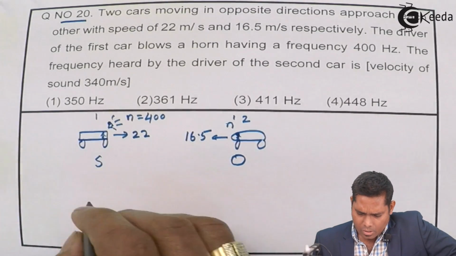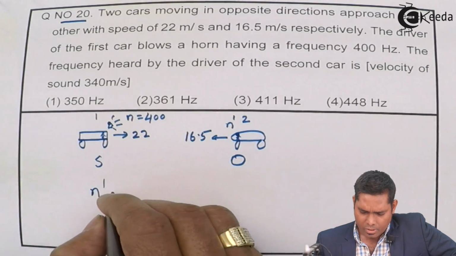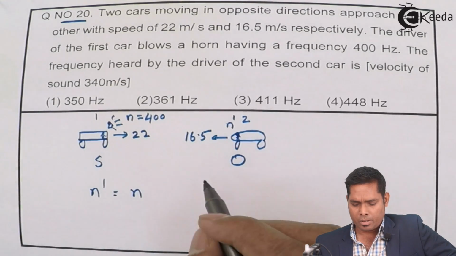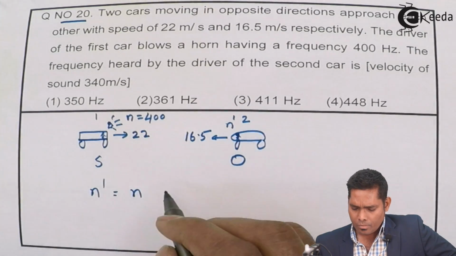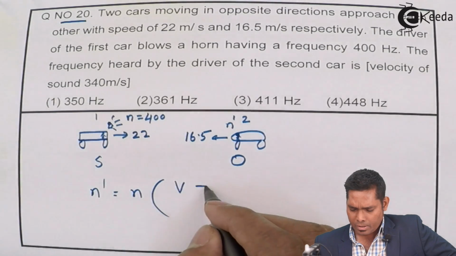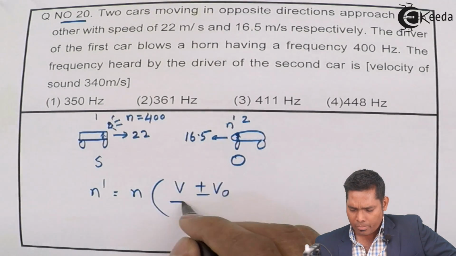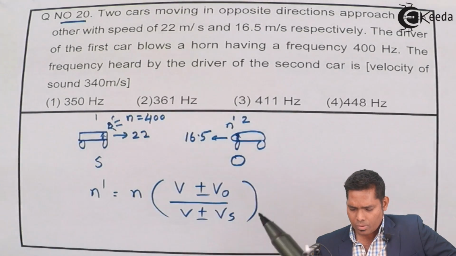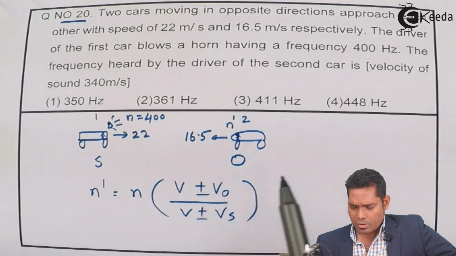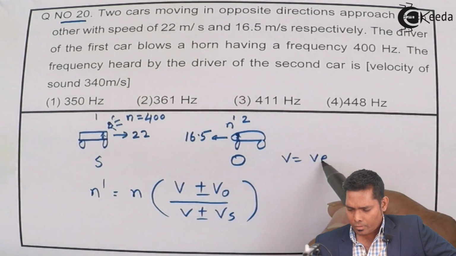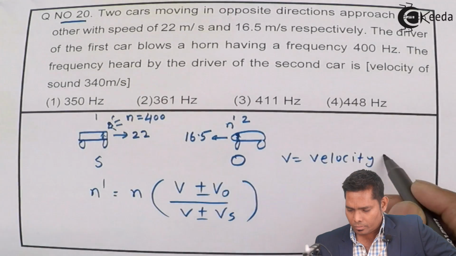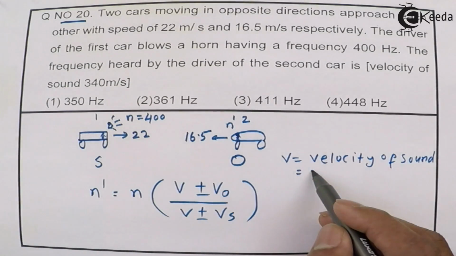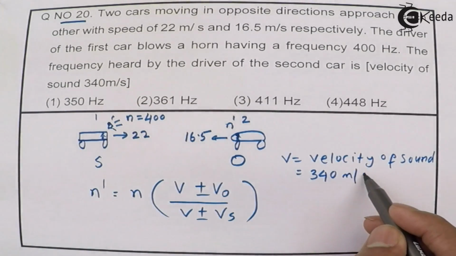So in both cases frequency will increase. In this situation, the apparent frequency heard by the observer is the actual frequency of the note emitted from the horn into V plus minus V naught divided by V plus minus Vs. V stands for the velocity of sound, which is given as 340 meter per second.